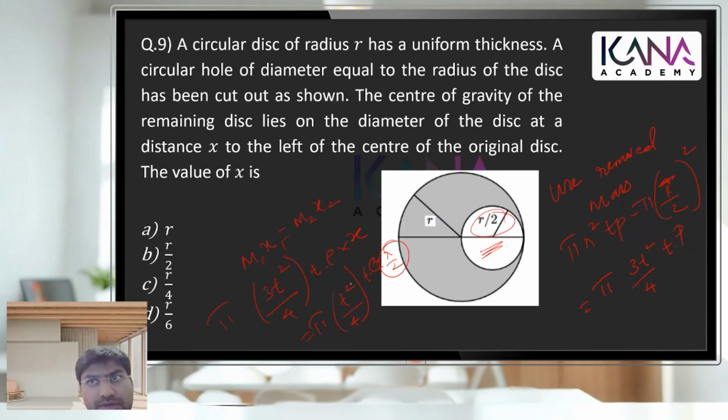So if we solve for x, the remaining 3 will come down, and then there is a 2 here, so the denominator will be 6, and in the numerator only r is left. So it is r by 6.